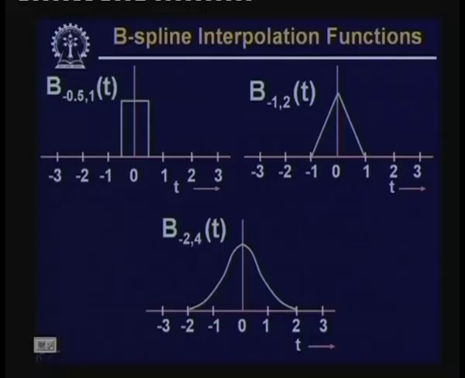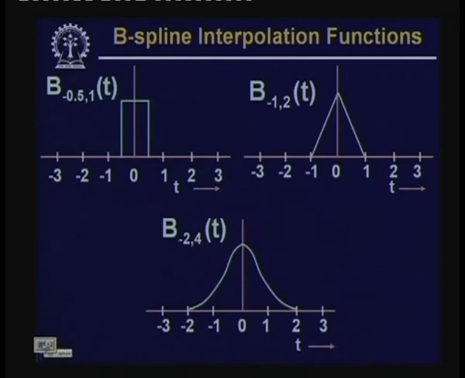Similarly, for the cubic interpolation, again with p0, I will consider the B-spline function to be b_-2,4(t) instead of b_0,4(t). So, here you find that in this particular diagram, using this formulation, effectively what we are doing is shifting the B-spline functions by the value of s in the leftward direction.